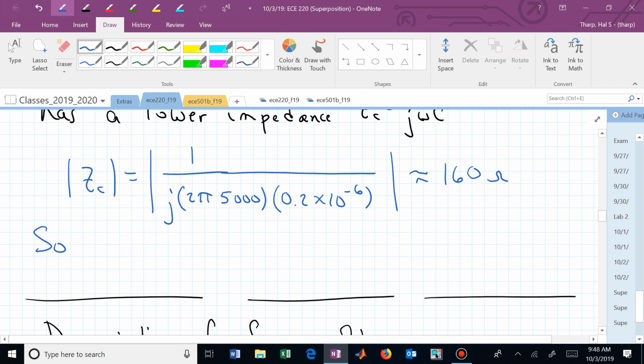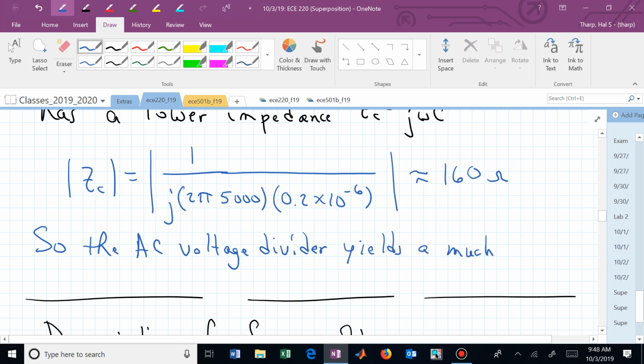So, again, a conclusion: the AC voltage divider yields a much smaller output.